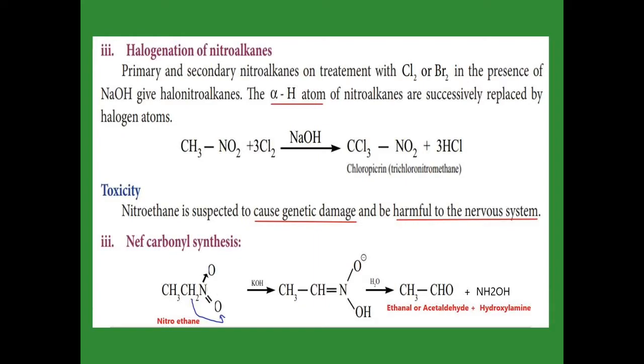Again it is added with water, we get ethanol and then hydroxylamine. Then see that CH3CH double bond O, the oxygen containing double bond. The remaining NOH is added with water, so we get NH2OH, that is hydroxylamine.